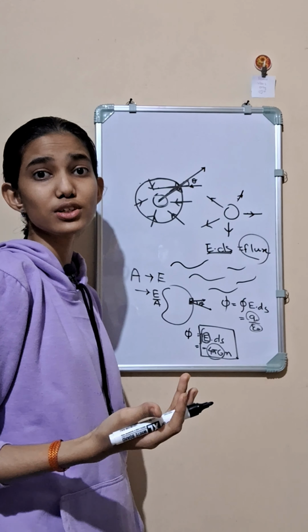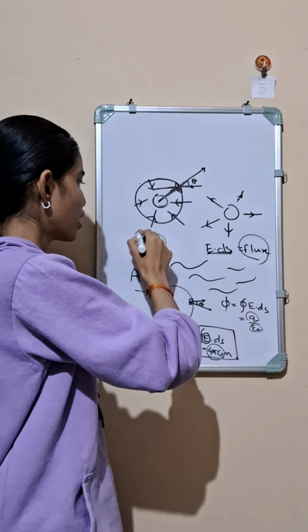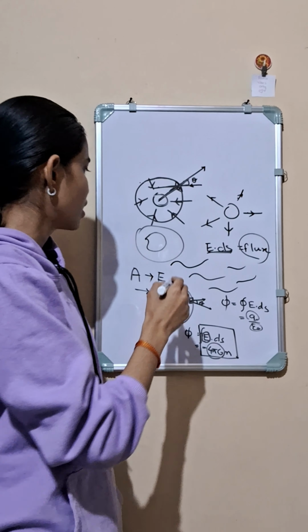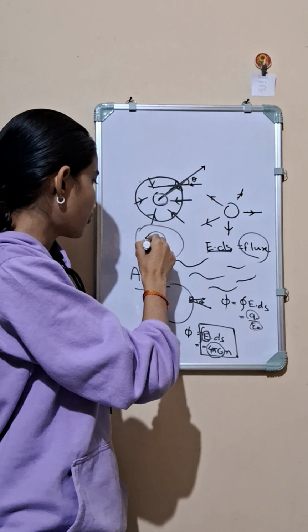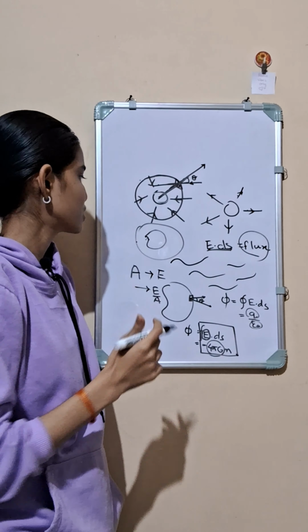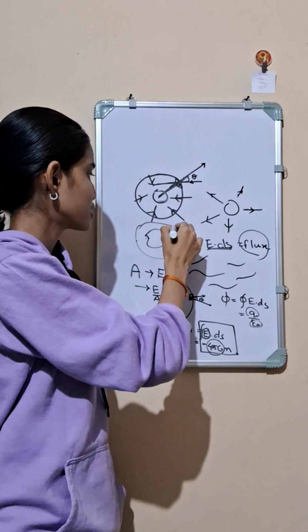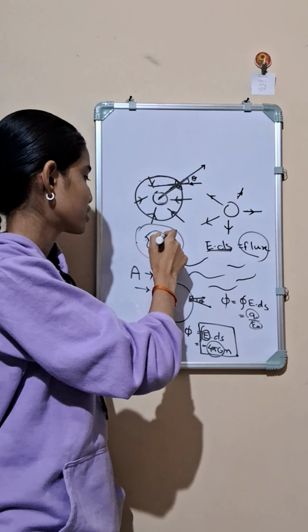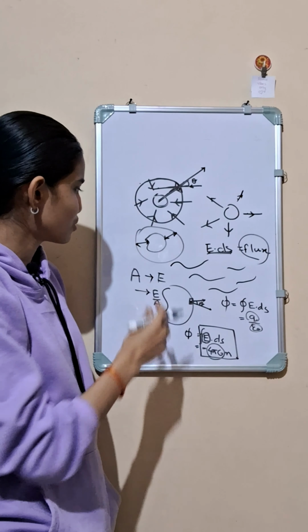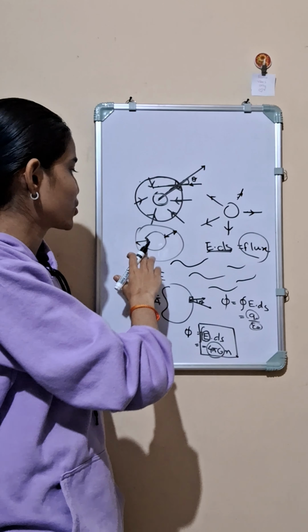But if this is not symmetric, something like this, and I create a Gaussian surface something like this, then this point is a little bit more distant than that point. Here the distance between the Gaussian surface and the mass is less, but here it is more. Although my drawing is a little bit wrong, that's why it looks the same.